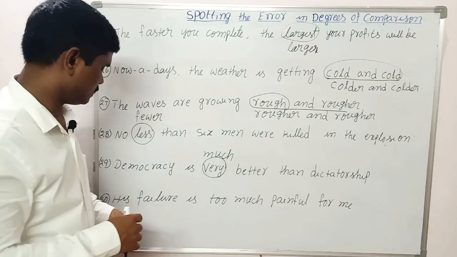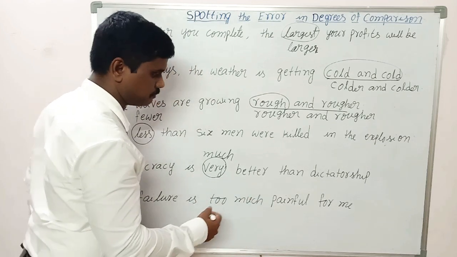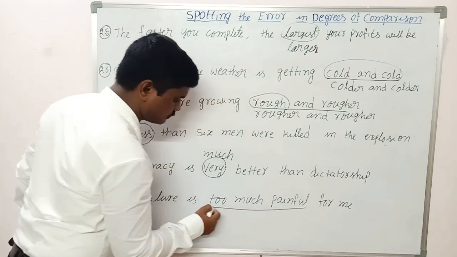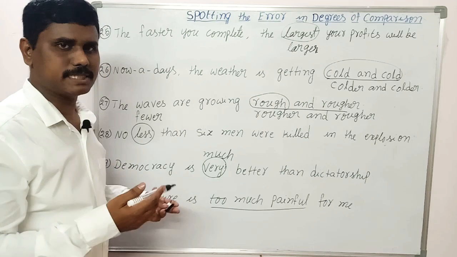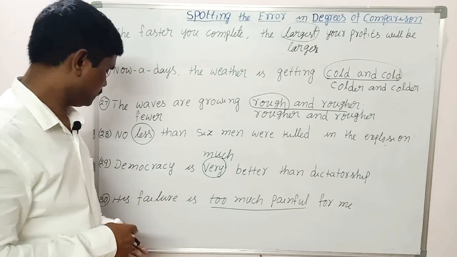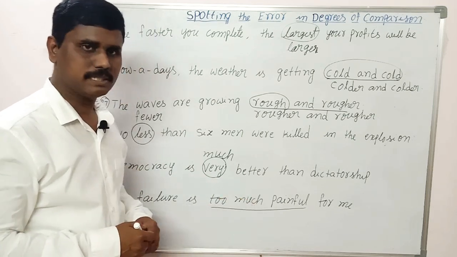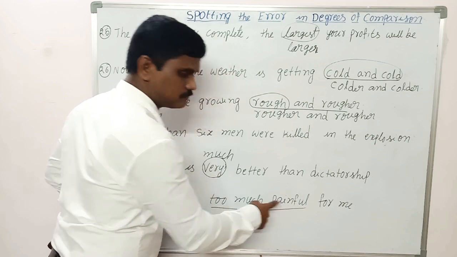I think you understood. Now, his failure is too much painful for me. Here this is wrong. Almost all examinations this question was asked previously. His failure is too much, too much. Here this is an adjective.